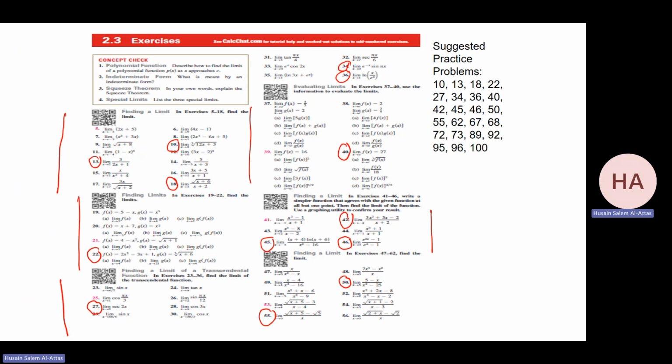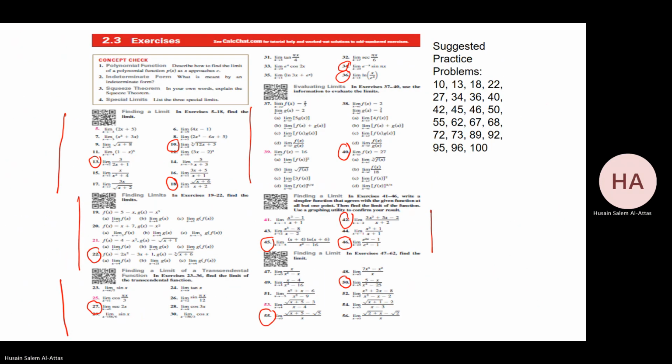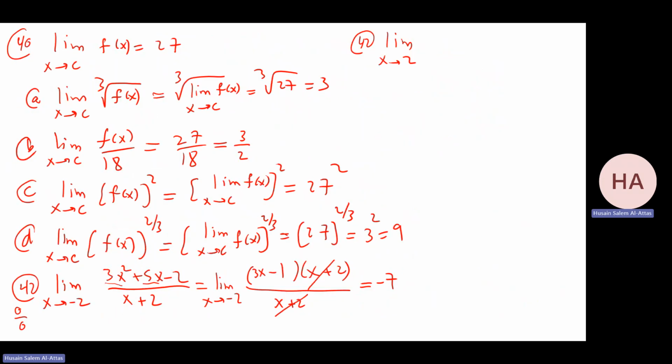They want to do 43 also. Limit as x goes to 2 of x cubed minus 8 over x minus 2. The same thing: if you substitute, you get 0 over 0.